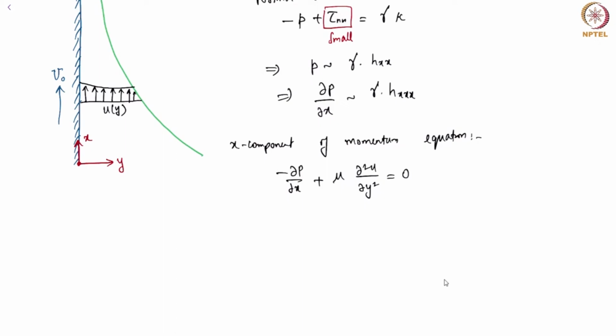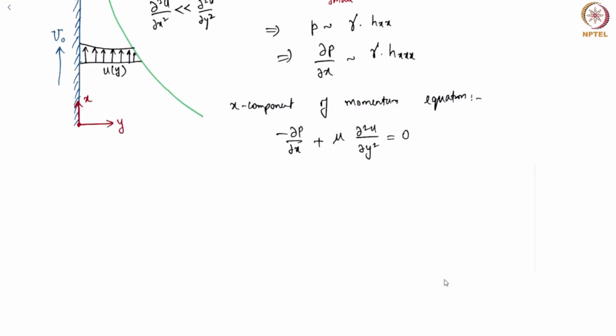The first thing is, we've said that the Reynolds number is very small, therefore all the inertial terms drop out. We've also said that the dynamic meniscus is so thin that gravitational effects are not very important. And the third point that we're making in this equation is that all the viscous stress, all the shear stress, is because of the term del square u by del y square. Del square u by del x square is very, very small compared to del square u by del y square. This is the lubrication approximation, right?